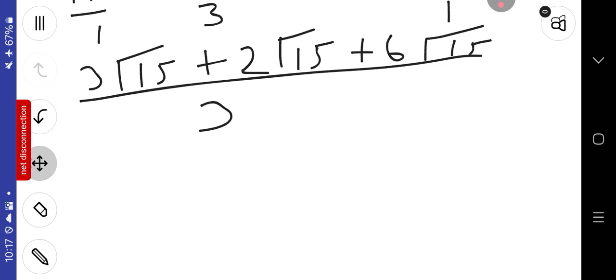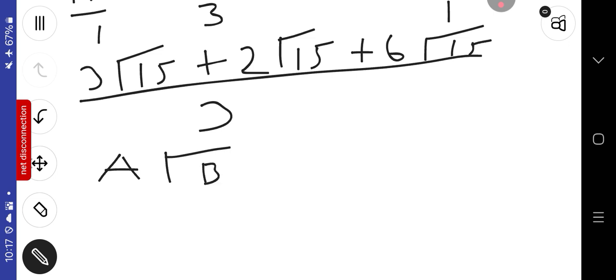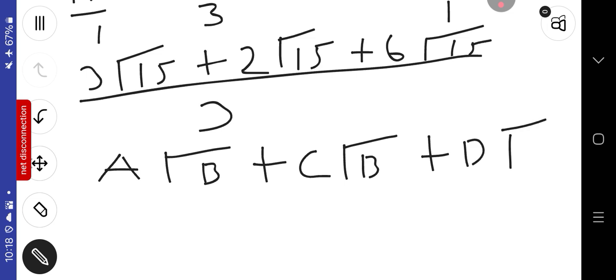Now, a quick note. If you're having a root b plus c root b plus, let's say, d root b, once they are all being added and they have the same square root, we pick one of the square roots. It's just like you are factorizing. Do you get me? So here we're going to pick b.